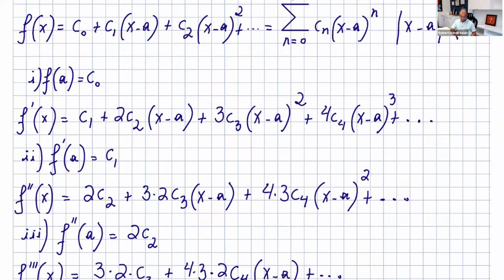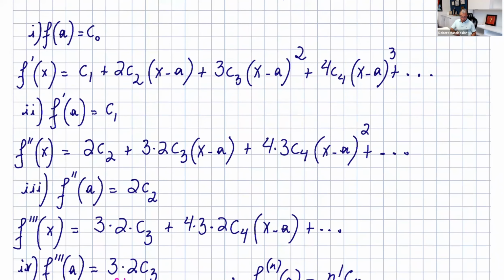Now if we take the derivative, then we get c1 plus the derivative of c0, which is 0, it's a constant, plus 2c2 times (x minus a) plus 3c3 (x minus a) squared and so on. f prime of a is going to make all these 0, you're left with c1. f double prime of x is 2c2, and here 3 times 2 times c3 (x minus a), 4 times 3 times c4 (x minus a) squared, plus, and it just keeps going.